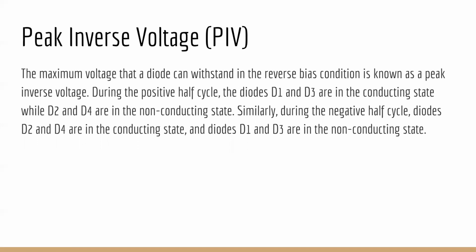During the positive half cycle, diodes D1 and D3 are in the conducting state, while D2 and D4 are in the non-conducting state. Similarly, during the negative half cycle, diodes D2 and D4 are in the conducting state, and diodes D1 and D3 are in the non-conducting state. Next.